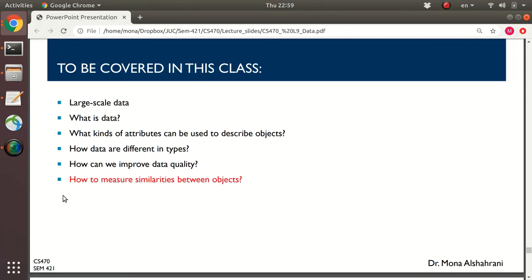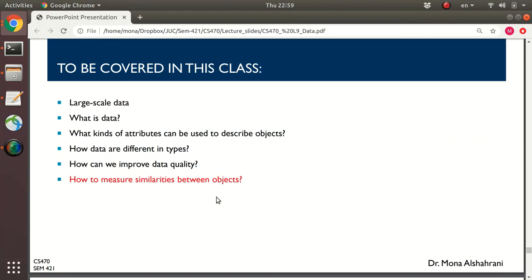The last thing we want to cover in this lecture is measuring similarities between data objects. This may not be a very essential technique to improve the data quality itself, but it could help produce better output if the algorithm is set to use similarities between objects instead of the objects themselves.